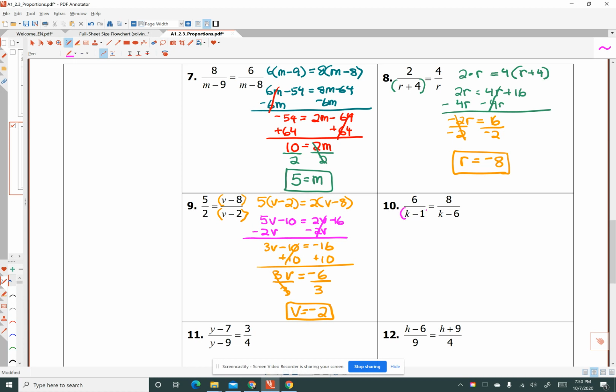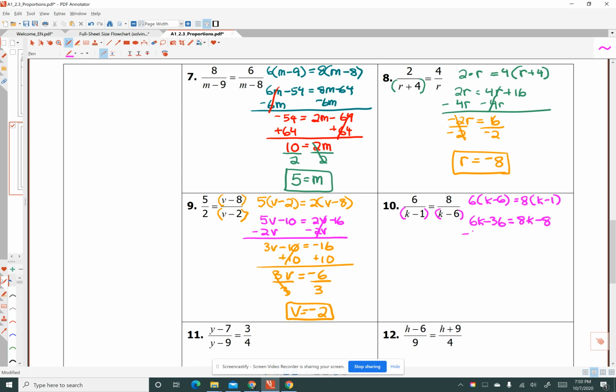Now we'll group those terms and those denominators together. And we'll start out, we will multiply 6 times the quantity of k minus 6 and set that equal to 8 times the quantity of k minus 1. When we distribute, we have 6k minus 36 equal to 8k minus 8.